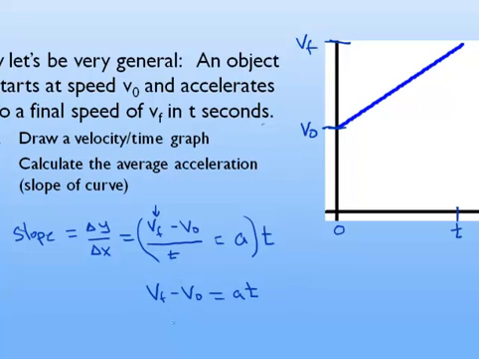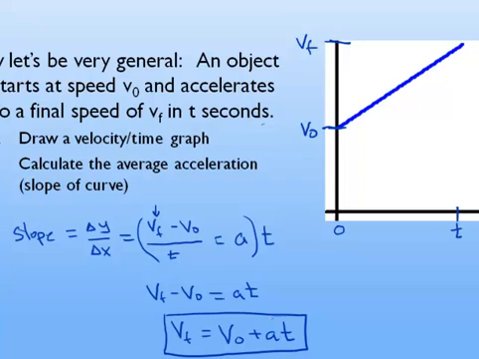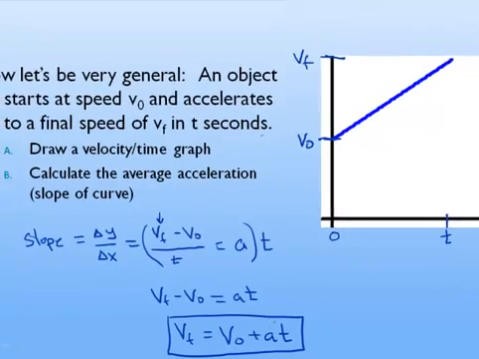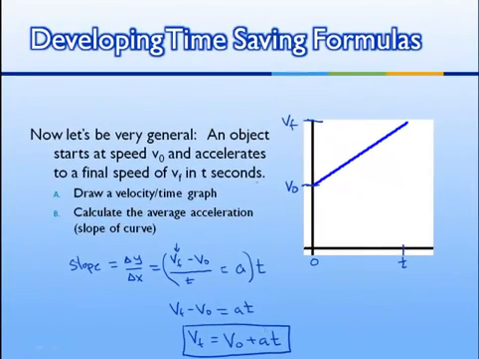And then if we add V naught to both sides, we get that Vf is equal to V naught plus AT. This here is the first of 4 major kinematics formulas that we're going to use throughout this chapter, 3 of which we're going to derive today.